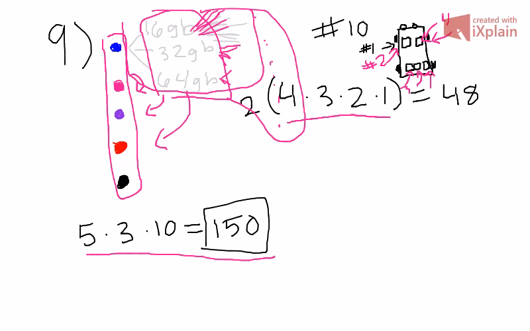And so we have this model, the 4 times 3 times 2 times 1, and we multiply that times 2 because there's 2 different ways that we can do that, right? We can do it with driver 1, and we can do that with driver 2. So we multiply this whole thing by 2. And that gives us our answer, our 48 here.